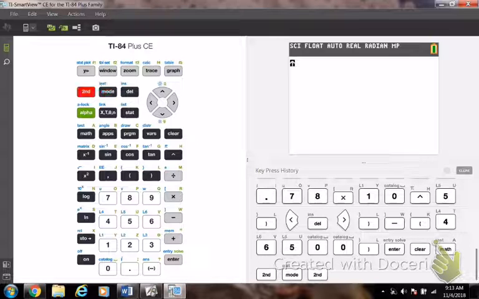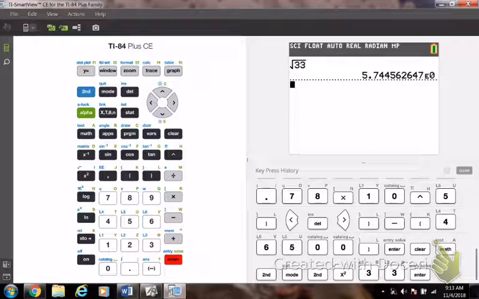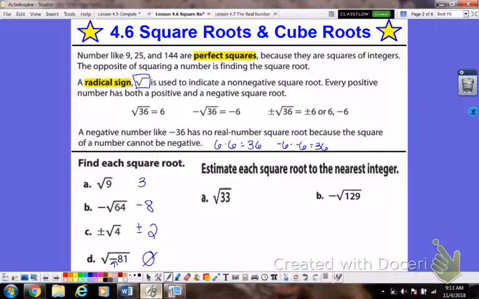So we hit second, x squared gives us that square root. Make sure you do that first. Then we punch in 33, hit enter. You'll see we get 5.7. Well, if we go back to our instructions, we want it to the nearest integer. So if we have 5.7, that is approximately 6.